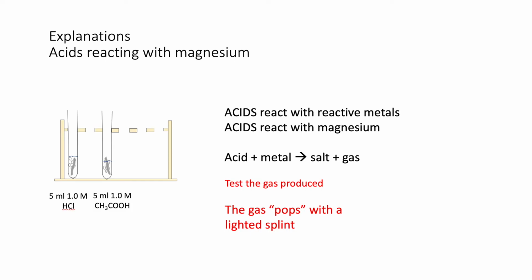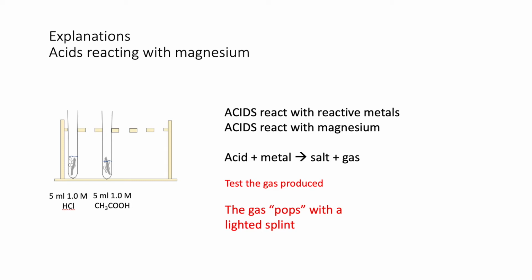So, explaining what happens, acids react with reactive metals. You might do a range of metals to see which ones we're going to see react, and they do indeed react with magnesium. And it gives a salt and a gas, and we're testing the gas, and the gas pops with a lighted splint.